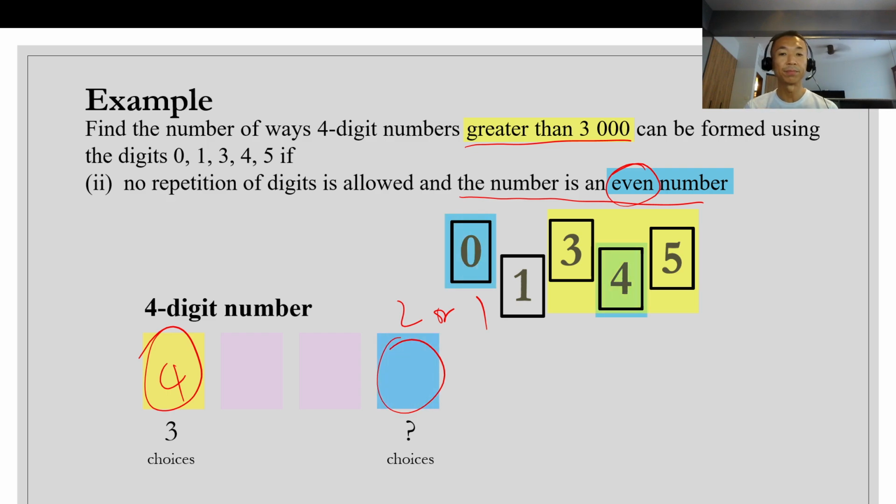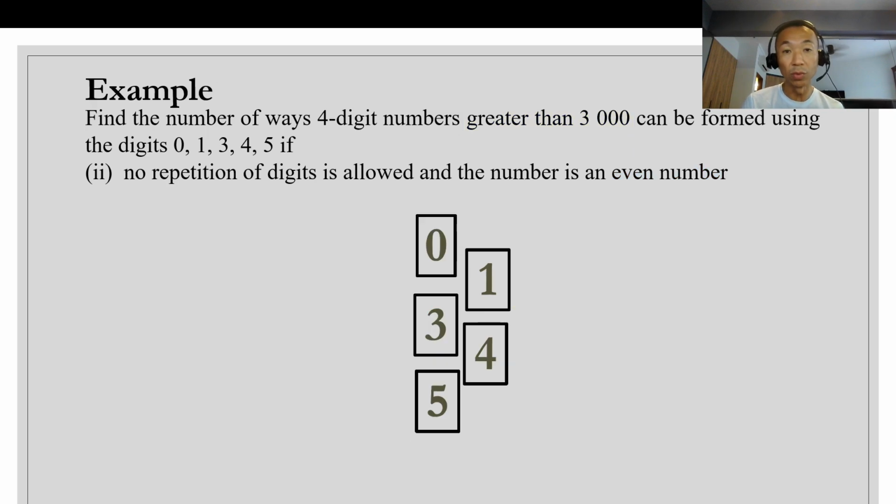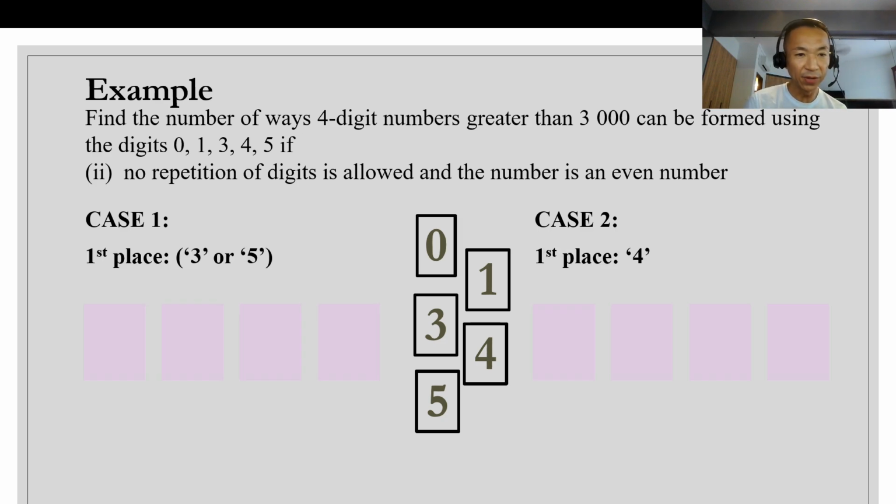This creates a problem. Because there are 2 different parts to it, your first digit and last digit have restrictions, the best way to do this problem is to break the cases up. Case 1 is the first digit is a 3 or a 5.